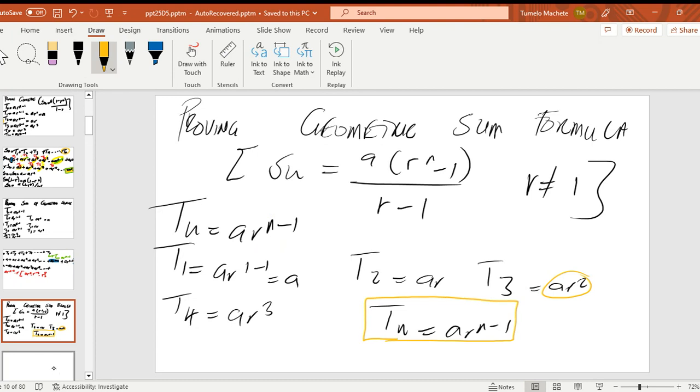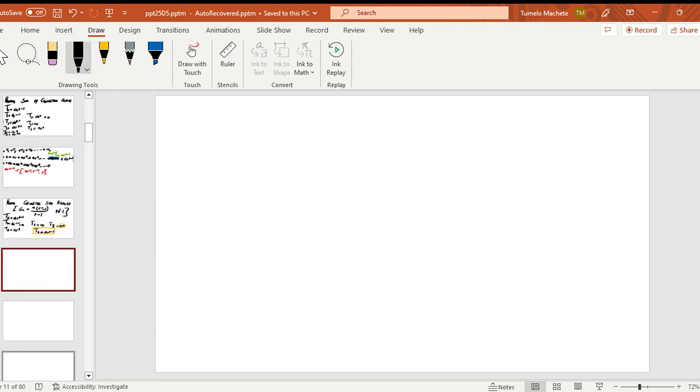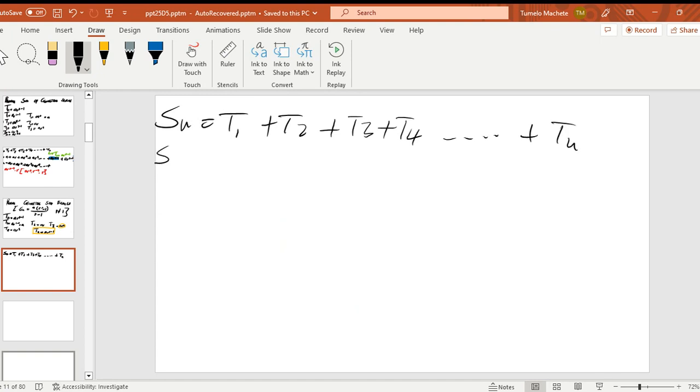You don't know the n. So I'll put this in the form of a sequence. So Sn will be T1 plus T2 plus T3 plus T4 up to Tn. So for Sn, I'm going to substitute those values.